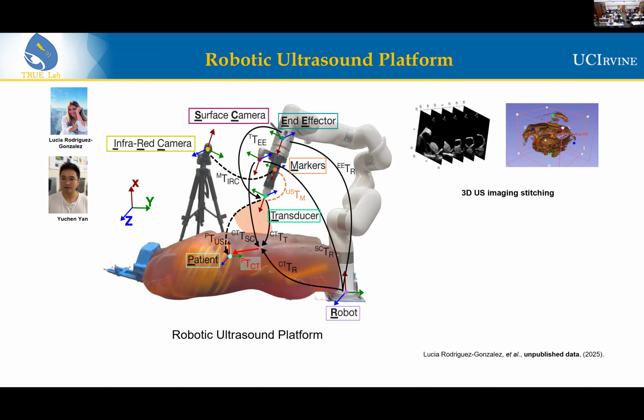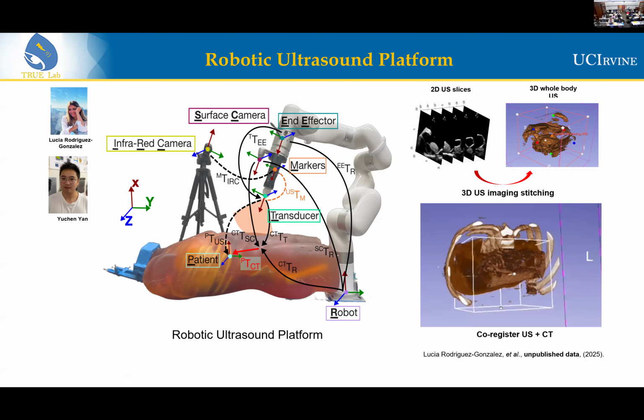Combined with the CT information, we can tell the robot the best trajectory for scanning. We have another infrared camera that tracks the markers on the transducer, so we know exactly the coordinates and orientation in 3D space. So we have software that can automatically stitch all these images together. We have a whole body ultrasound, just like MRI imaging.